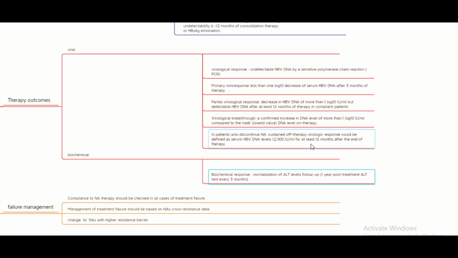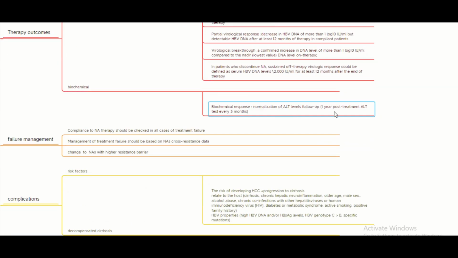This is how we can check the efficacy of our treatment and drugs, and check that our drugs are actually working on this virus and that this virus is not resistant to the class of drugs we are using.